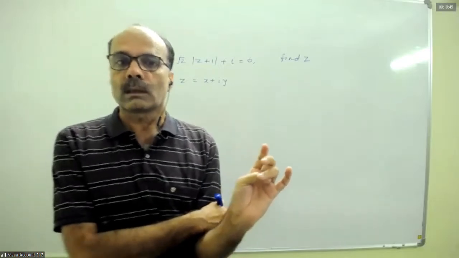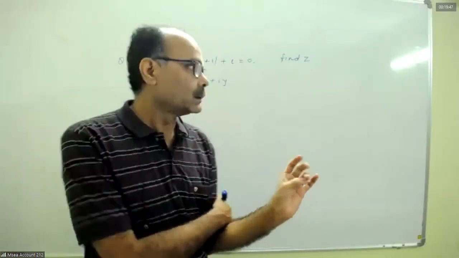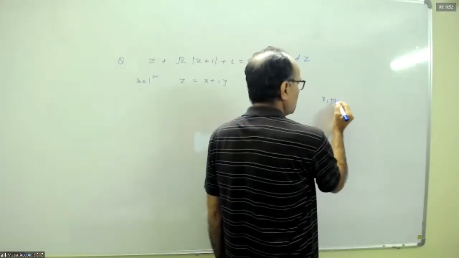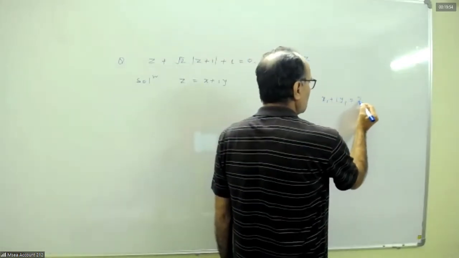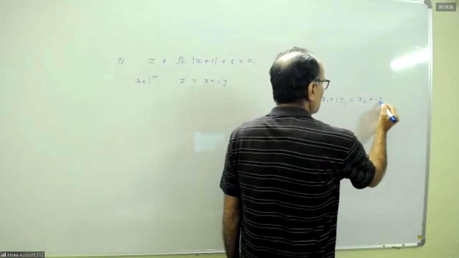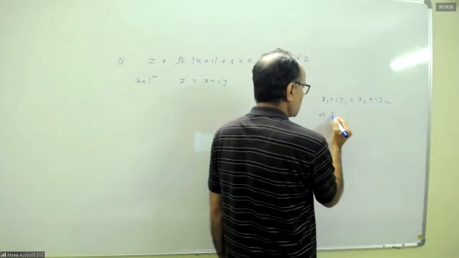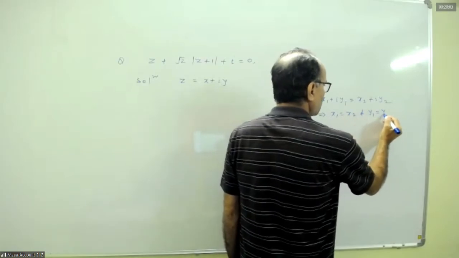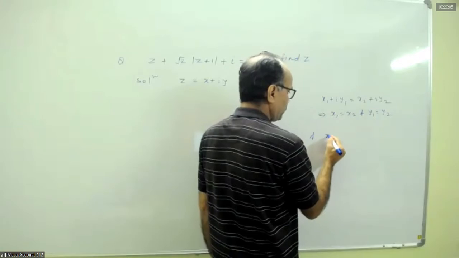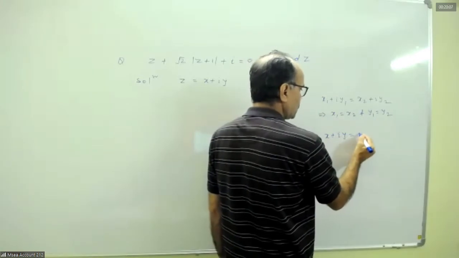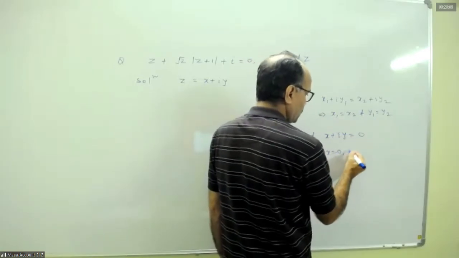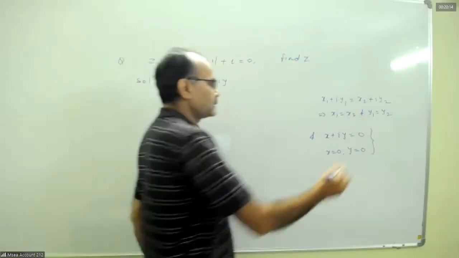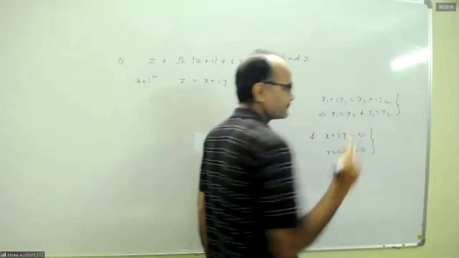I repeat, if two complex numbers are equal, the only possibility is x1 equal to x2 and y1 equal to y2. And if a complex number is 0, its real part is 0, its imaginary part is 0.